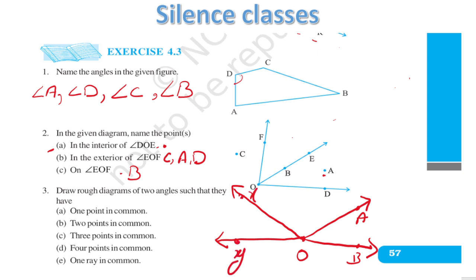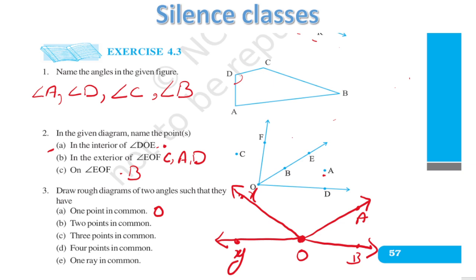You can see one point is common, and that point is O. You can also find that this is also an angle. But it is not mentioned that we can only make two angles, so we can find more than two angles in it. This is also an angle, but don't get confused, because we just have to point out the common point.